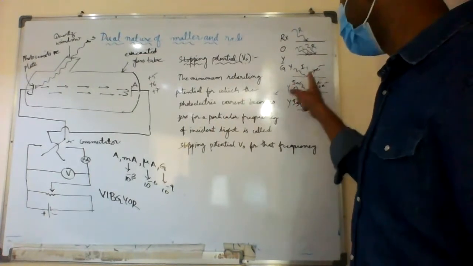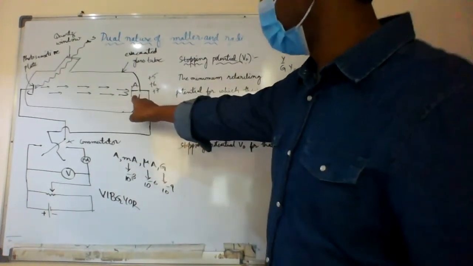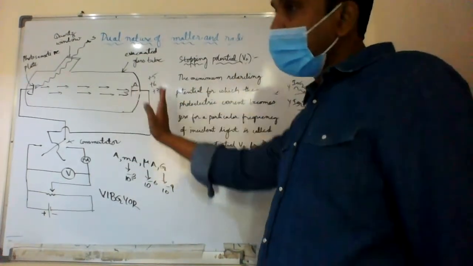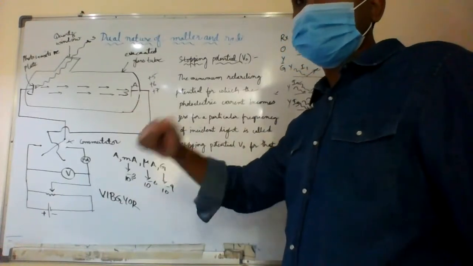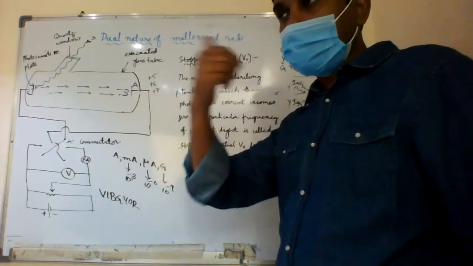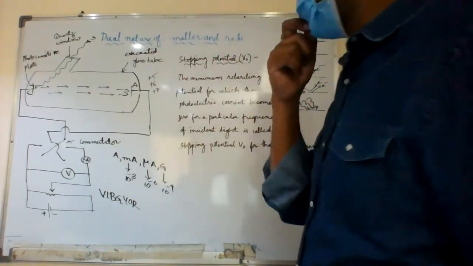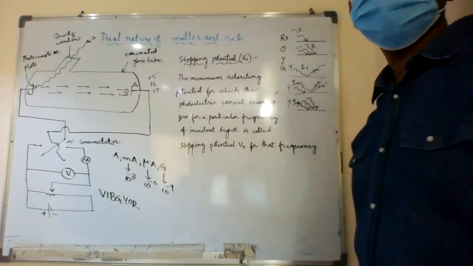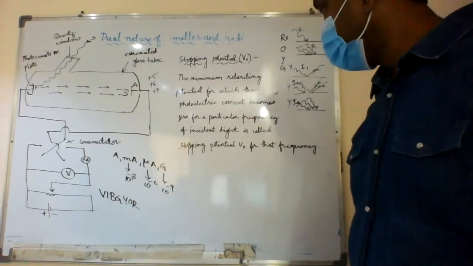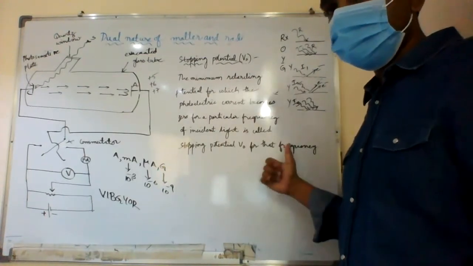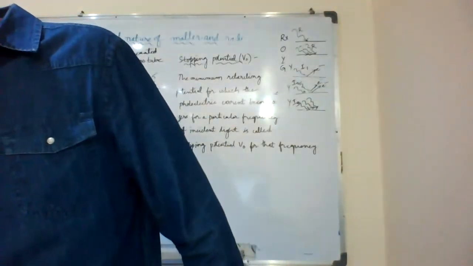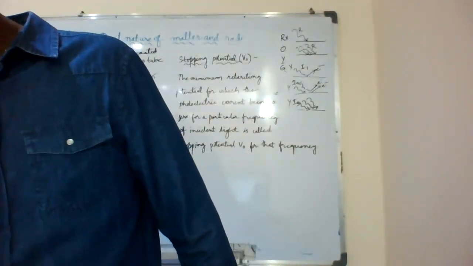Now for this anode, we made it a little negative. Then it stopped taking the electrons, or it started rejecting the electrons. That particular potential is known as stopping potential. Is it clear? Did you note this? Okay, then threshold frequency is also done. Now we'll go to the next one, more graphs.